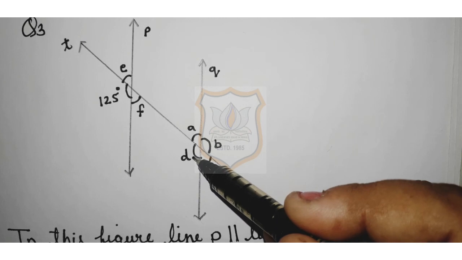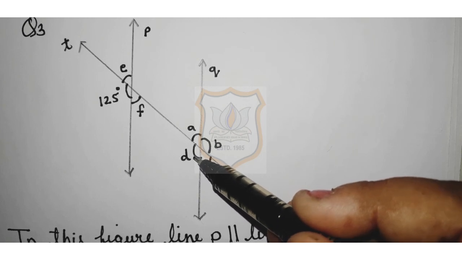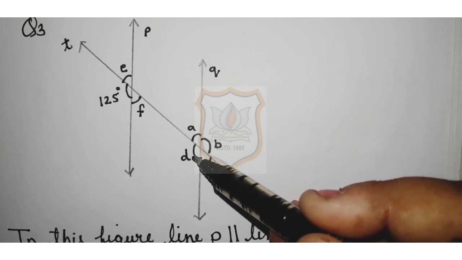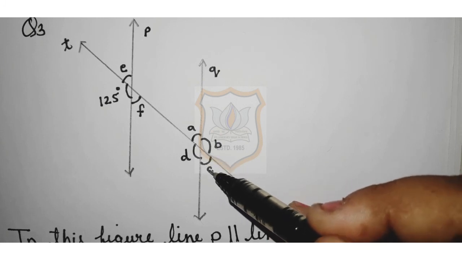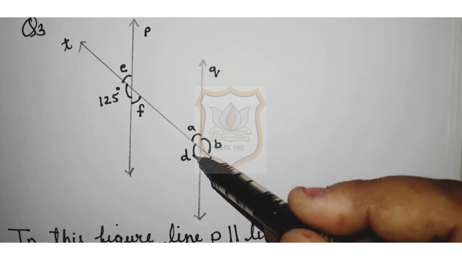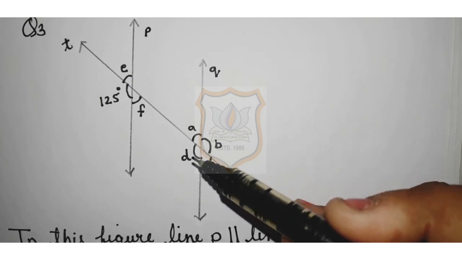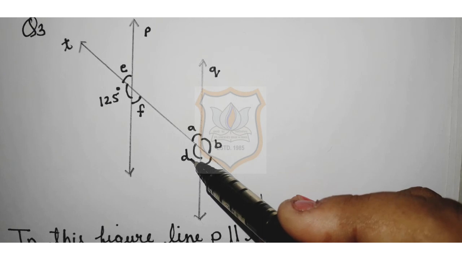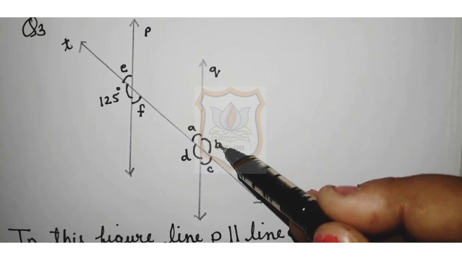So angle D is equal to 125 degree. Why is this 125 degree? Because these two angles are linear pairs. So measure of angle D is equal to 125 degree. If measure of angle D is equal to 125 degree, then measure of angle B will be 125 degree. Why?